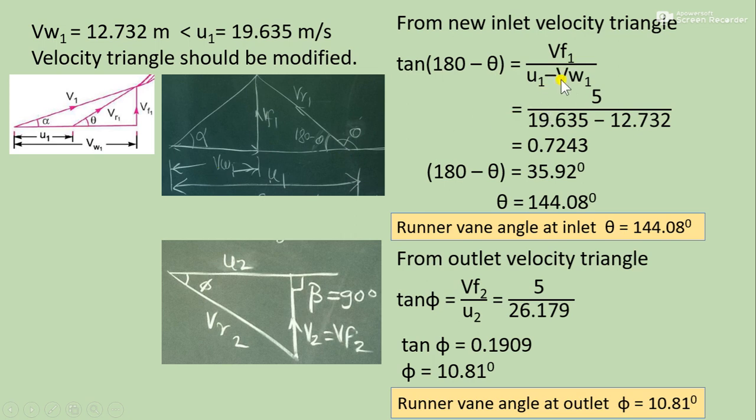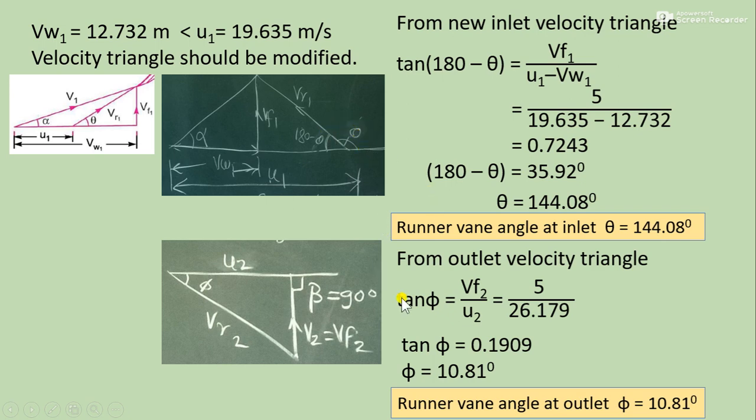Putting the calculated values on the right side and doing the calculation, we get 180 minus theta equal to 35.92 degrees, which means theta comes to 144.08 degrees. This is the angle we got.